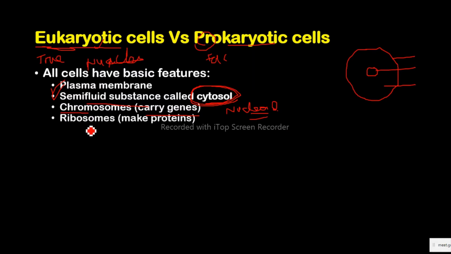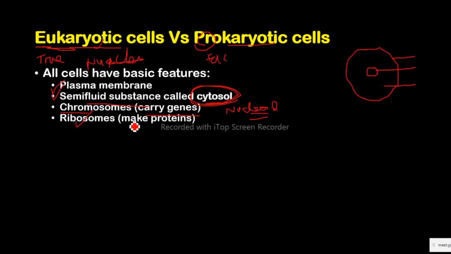Then all cells must have ribosomes. Now this is like a factory, an industry, where proteins are made. And at this level you must be knowing that proteins are so important in our bodies. All physiological processes, all chemical reactions that occur in our bodies are controlled by these proteins.